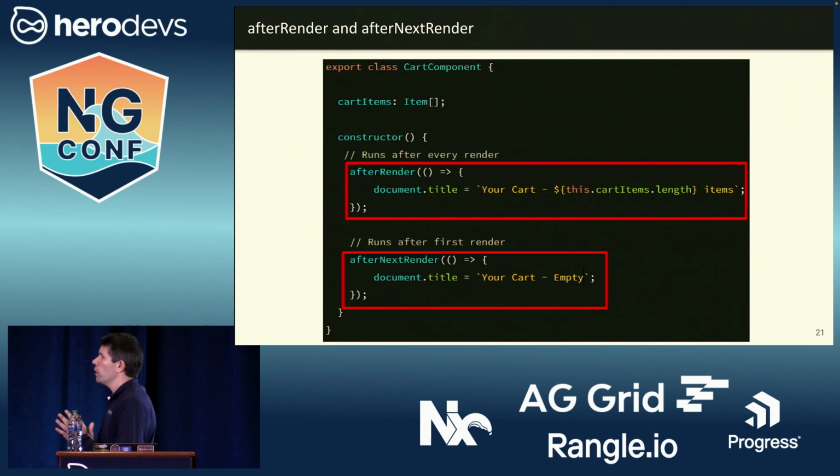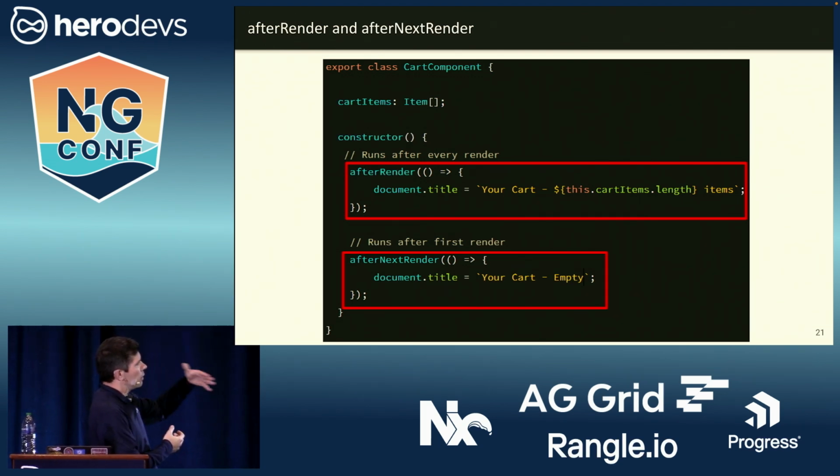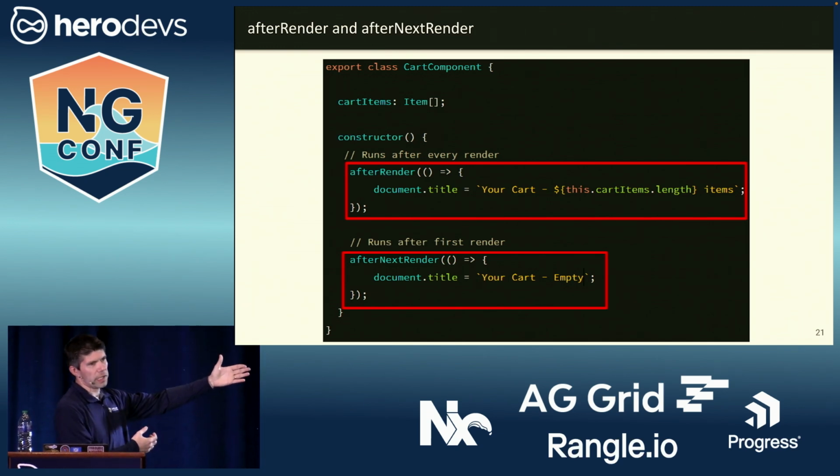Here we have a quick example where our cart component wants to display the number of items we have in the cart. It wants to display that in the title of the page using document.title. What we do is afterNextRender, which is really the first render in the browser, right? You can see that kind of like an ngOnInit on the client side, in a sense. So in afterNextRender, we set the document title to 'Your cart: empty'.